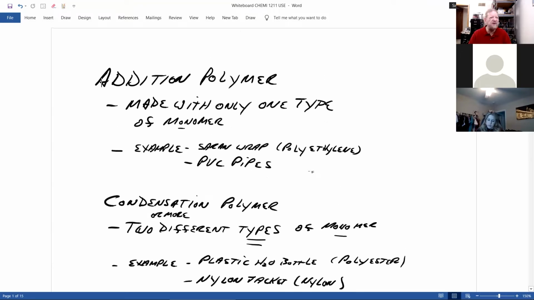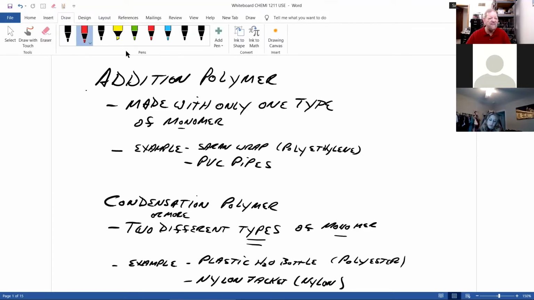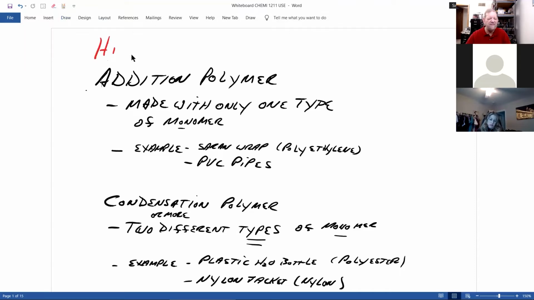So there are two types of classification for polymers based on chemistry. You should know this.